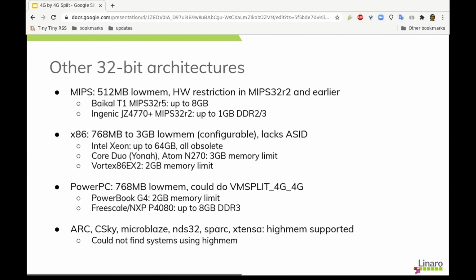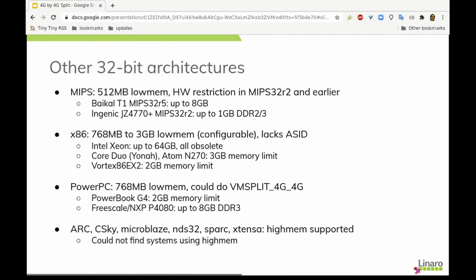And they could use a VM split for 3 GB, but if anybody still uses those laptops, they have a problem. And then there's an embedded system called the Vortex86EX2 that can address up to 2 GB of physical memory. And that is actually still being marketed today, and they come out with new versions. So they would also have a problem there.